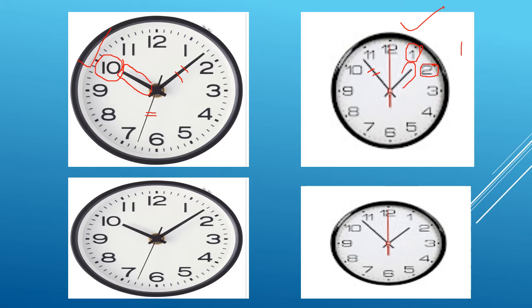Because it lies between 1 and 2. We will say it is 2 o'clock only when this hour hand will cross 2. But in this case, this hour hand has not reached 2 yet, and that's why we will say it is 1 o'clock.